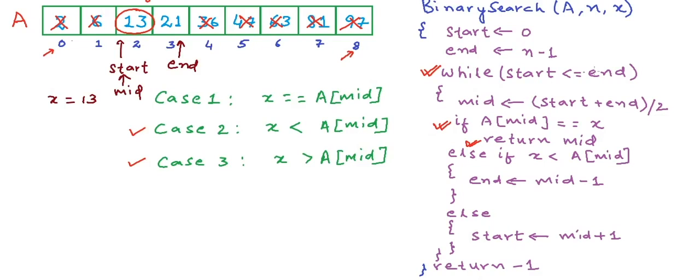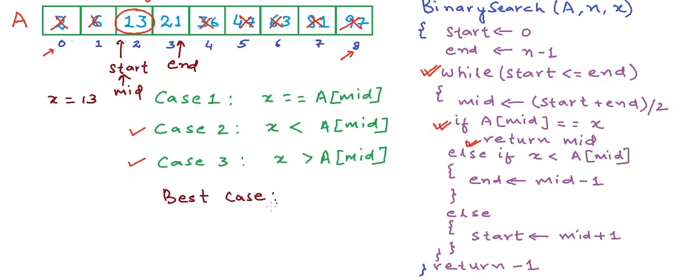When start is equal to end or start is less than end, then we still have search space. When start is equal to end, then our search space has only one element. So when this condition becomes false, we have exhausted our search space. We need to exit the loop and we need to return minus 1 to tell that the number x does not exist in the array.